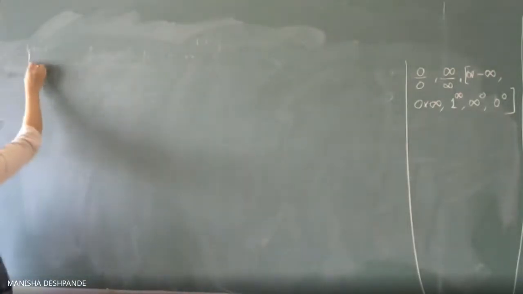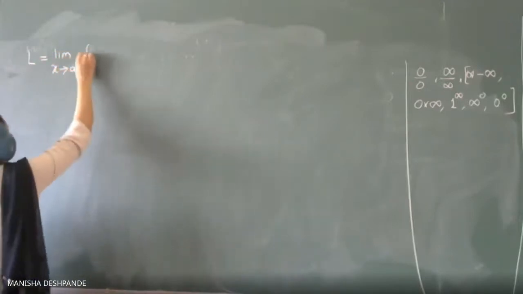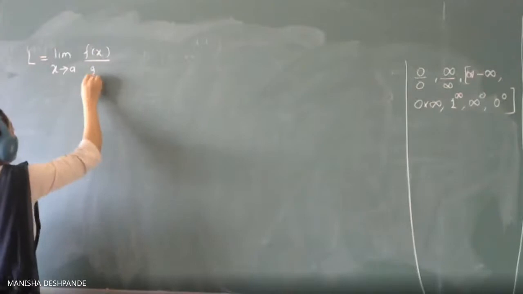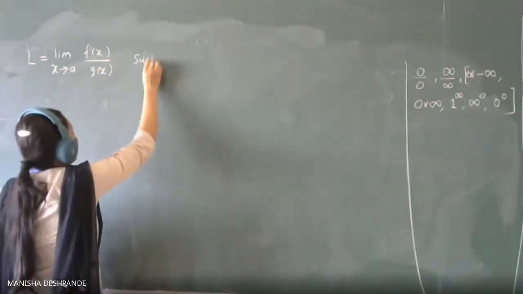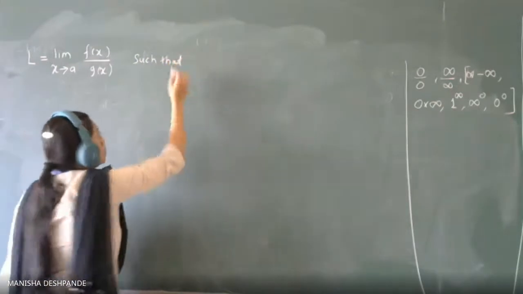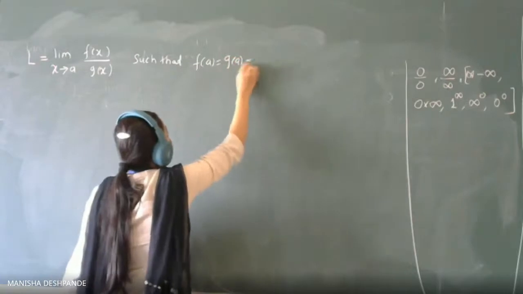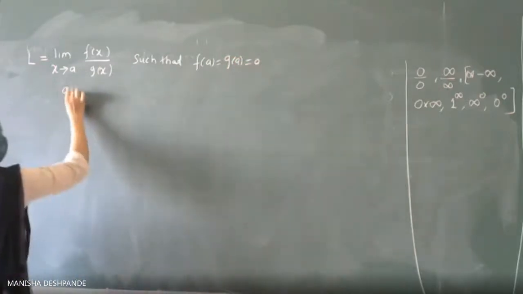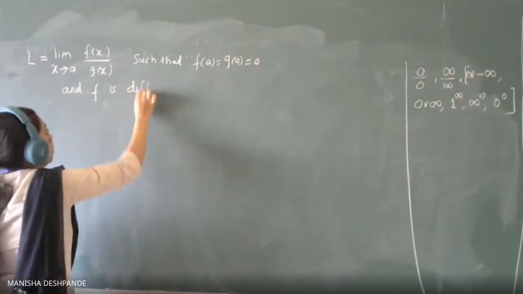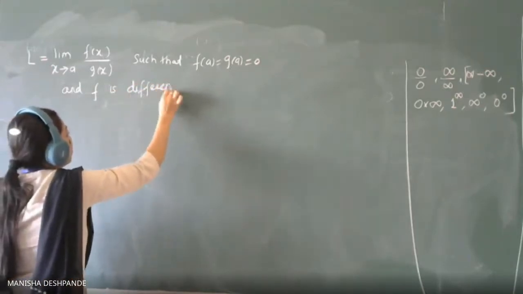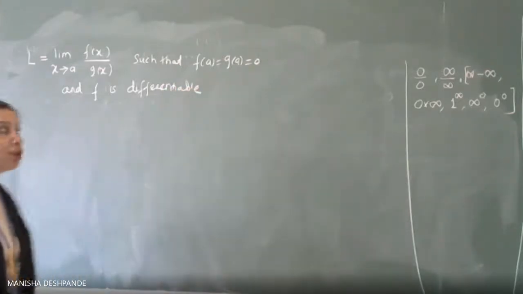So what's your limit? L is limit as x tends to a of f of x upon g of x, such that f of a is equal to g of a is equal to 0 and f is differentiable everywhere.